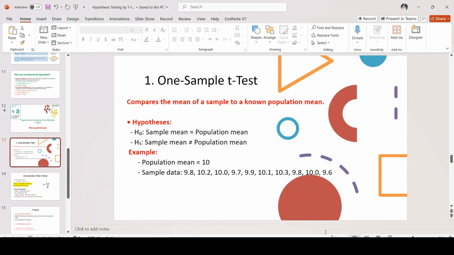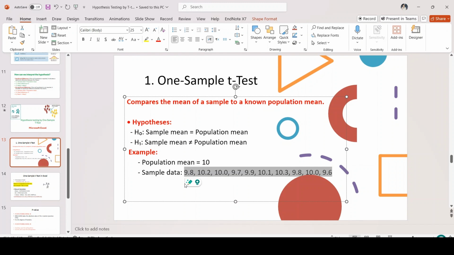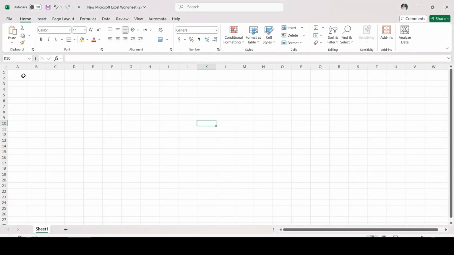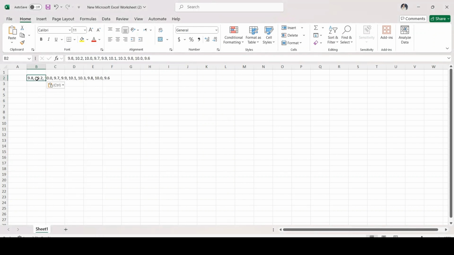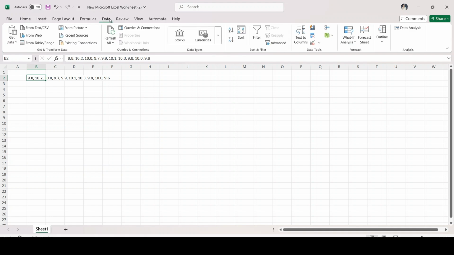Here we have a data set, so we can copy these data sets into Microsoft Excel. For example, we copy these values. You see that all of the values are in a single cell. First we can convert them into columns.